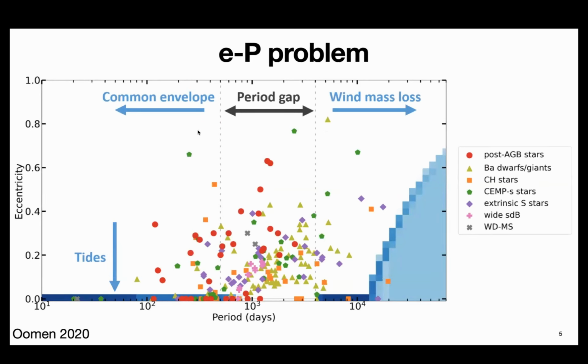Before this binary interaction can really occur, the companion is close enough to this swollen star that tidal interactions will occur, which will circularize the orbits. That is why for this parameter space, you also really wouldn't expect eccentric orbits to occur, which is also not really the case in a lot of these samples.